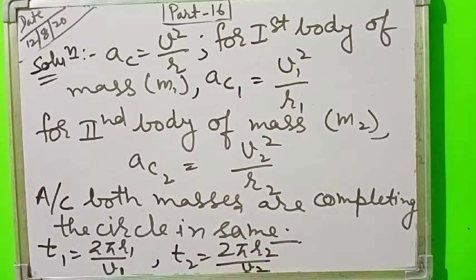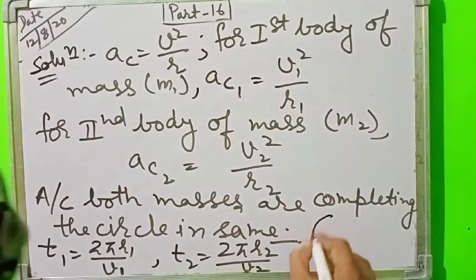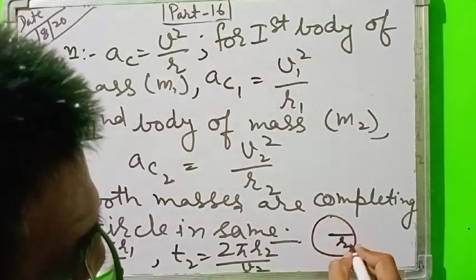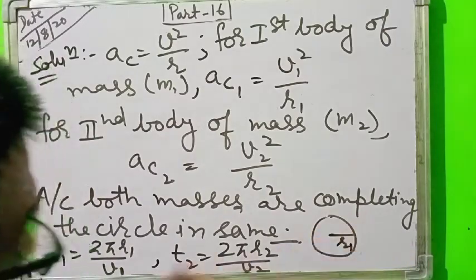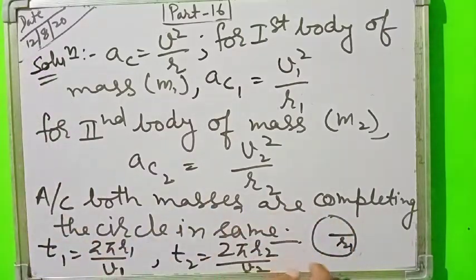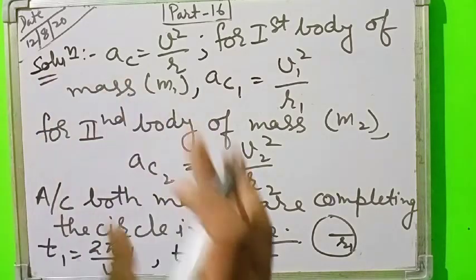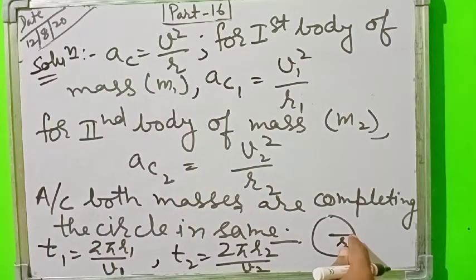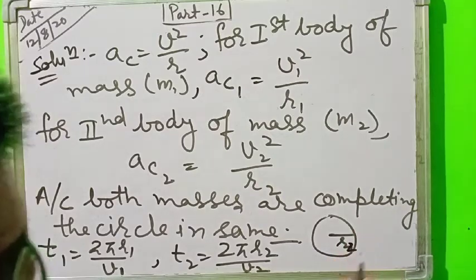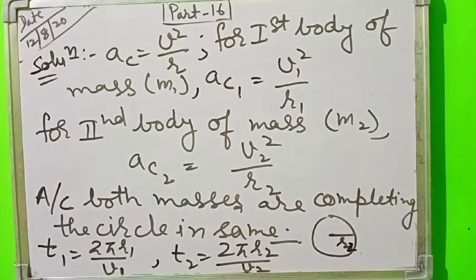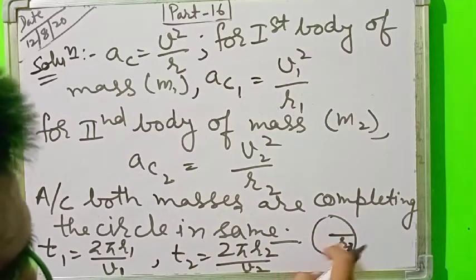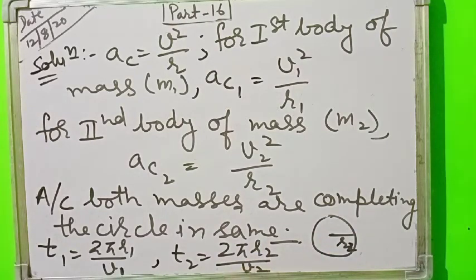I think you have understood that. Suppose this is a circle of radius r1, then for completing the circle the distance traveled by the mass m1 is 2 pi r1 with velocity v1. So time t1 is equal to 2 pi r1 upon v1, and suppose this is the second circle of radius r2, and time t2 is equal to 2 pi r2 upon v2. But according to the question, both the times are same.